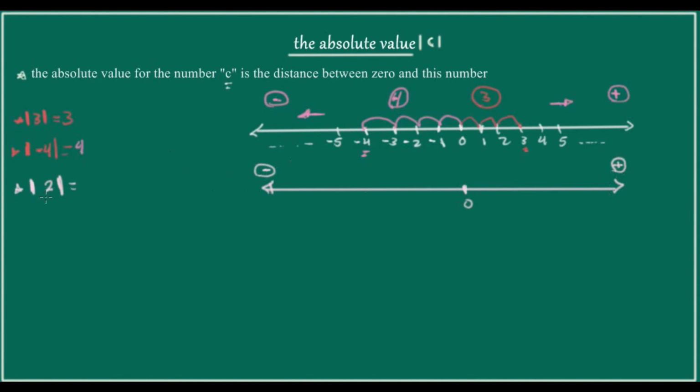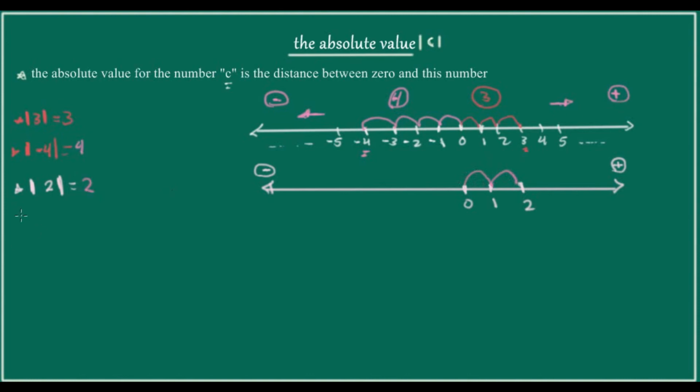To find the absolute value of 2, we have 1 and 2. You ask yourself the distance between 0 and 2. How many steps? Here we have 1 step, another one. So the absolute value of 2 is going to be 2.